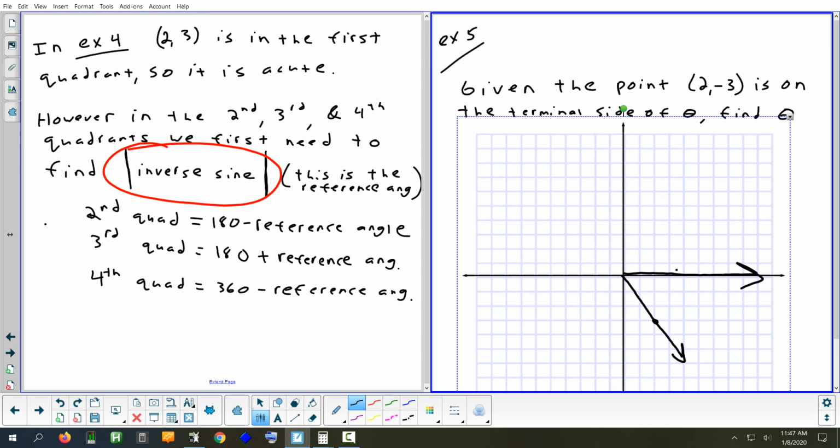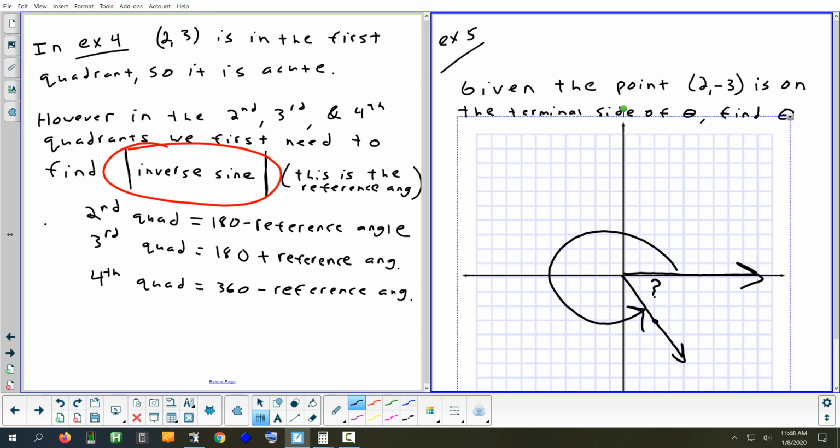What I'm asking you to find is that. The first thing you're going to find is that. That's going to be called, what's that called again? The angle between the x-axis and the diagonal? That's your reference angle. So we're going to find the reference angle first, and then we'll go from there.